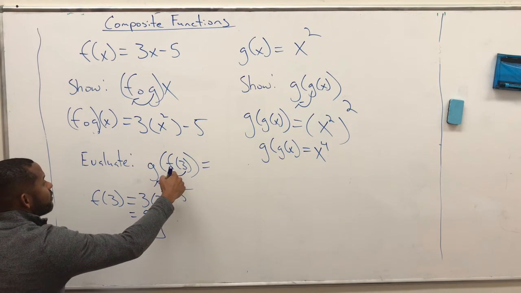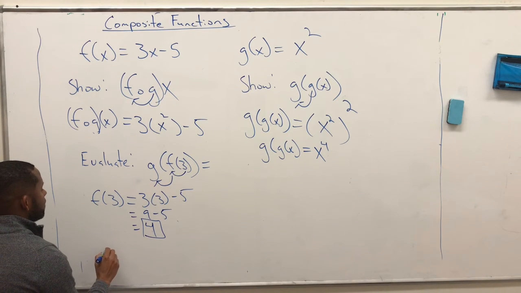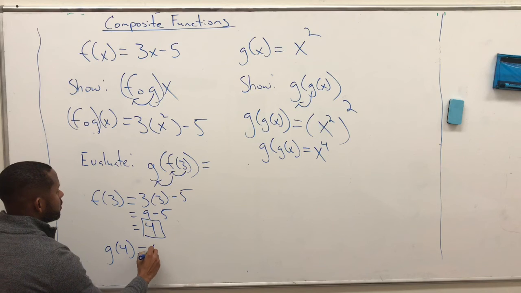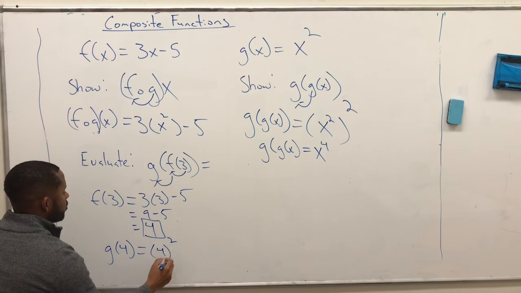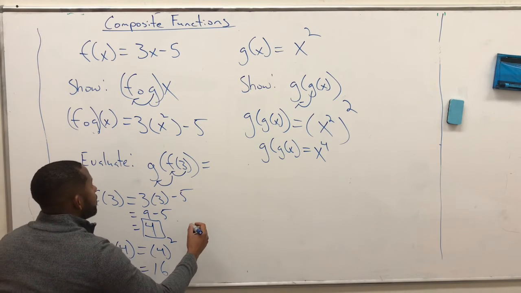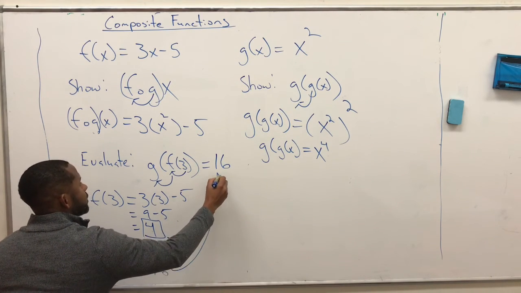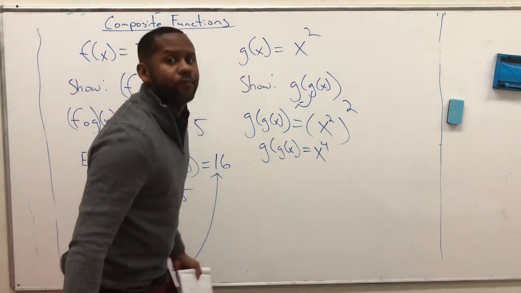So now I take this, f of 3 was 4, and I go ahead and put it into g of x. g of 4 equals 4 squared, which equals 16. So g of f of 3 ultimately is 16.